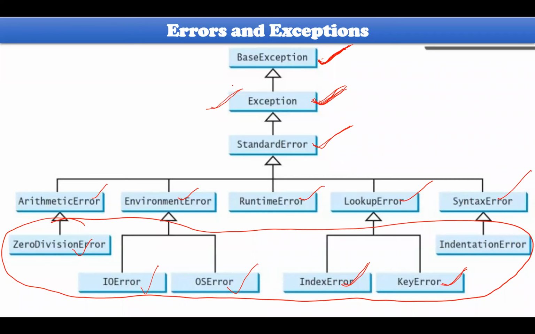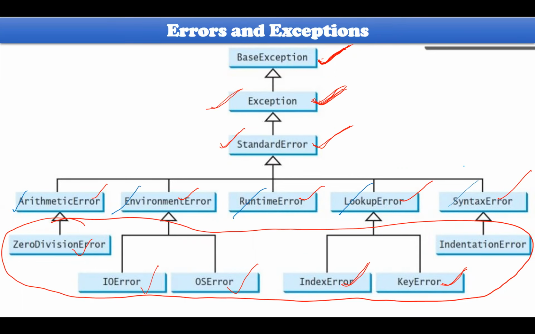BaseException cannot be used, and Exception is inherited by StandardError, and you have many standard errors, such as arithmetic, environment, runtime, lookup, and syntax exceptions. As many categories are available to you.